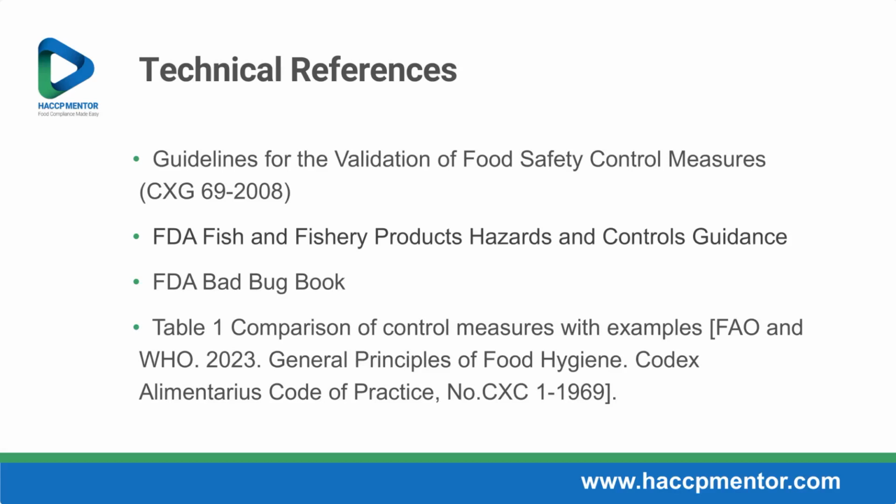Excellent information there. The Codex website in itself has so much information, and guidelines and codes of practice that you can be drawing from to help you do theoretical validation. The Food and Agriculture Organization, again, it's World Health and FAO. They're the ones who make up Codex. And then, of course, any of your government websites.